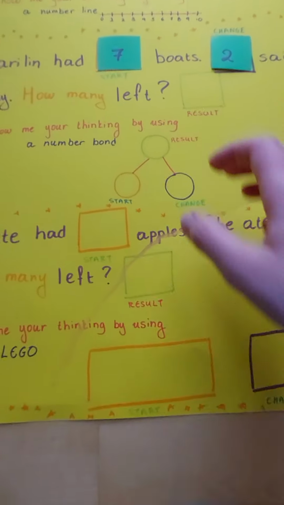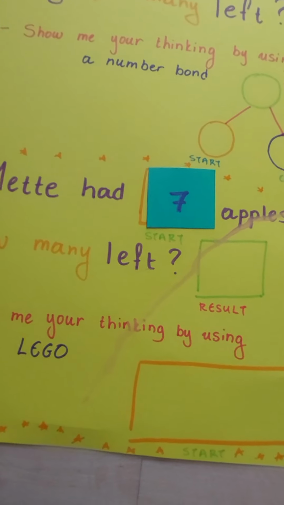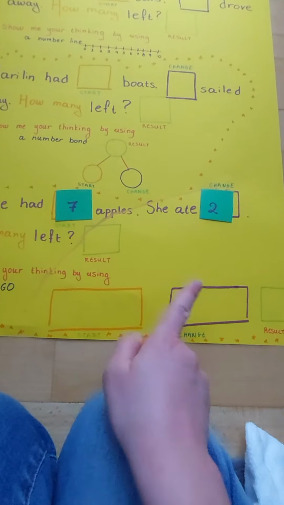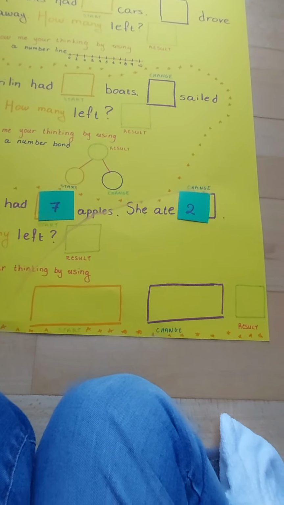In this case students should be using the Lego to show their thinking, and again we have the same pattern. Orange is the start, change is purple, result is green.